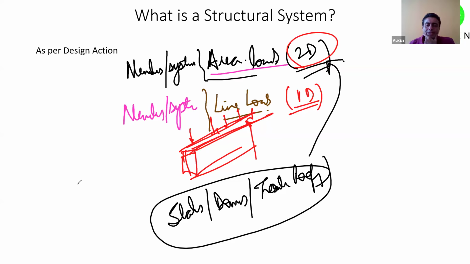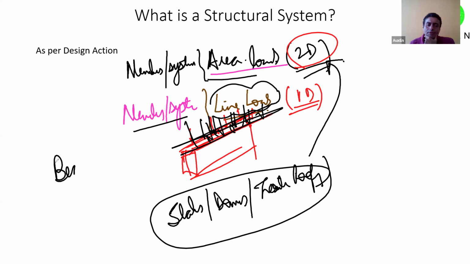Similarly, what can be examples of members or systems which take the majority of their loads from a line? Line means they are resisting the majority of loads along their length, along their longitudinal direction. So I can put, let's say, beams, or what else? Trusses. Majority of the loads come on the trusses or beams along their length.